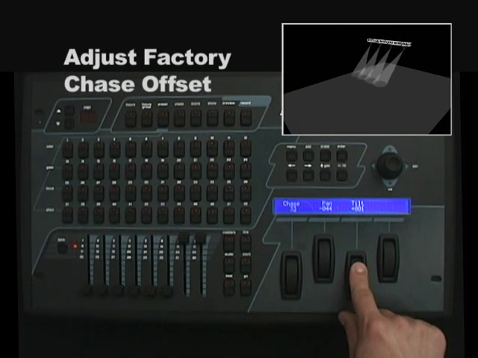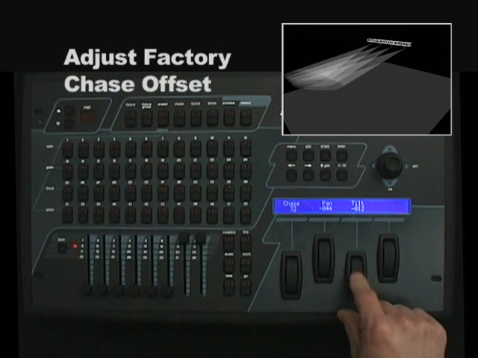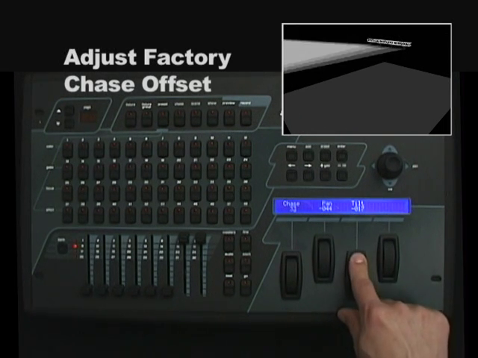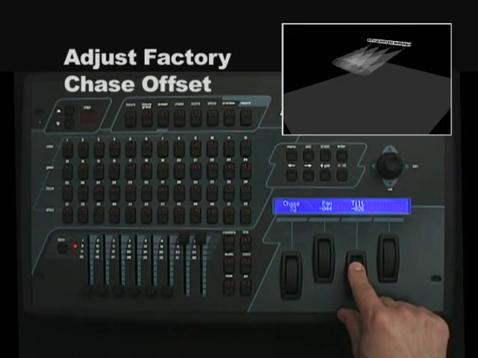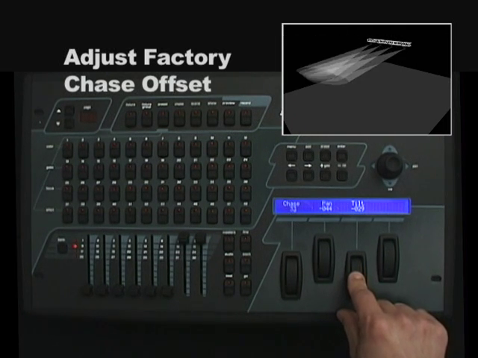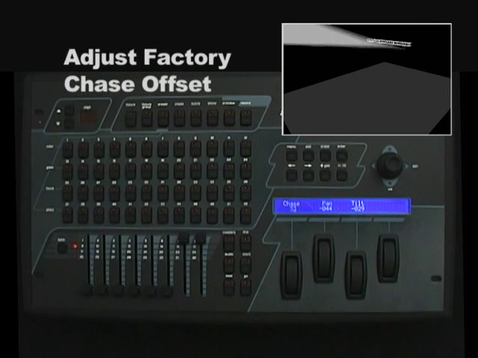Data wheel 3 will adjust our tilt offset. As you can see, as I'm adjusting it, the chase is moving upward. This allows us to set our exact offset and then save this as a scene.